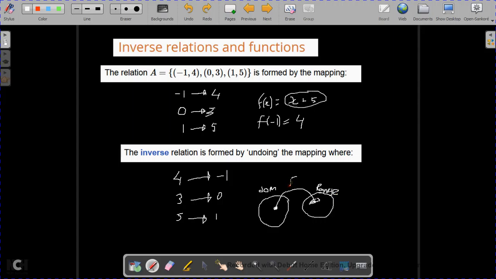That's what we do when we put in f of x or p of x or whatever it is. Now the inverse is by undoing that. We start here and go backwards to that same point. We call that f to the power of -1 of x. It's kind of like the inverse of sine, cos and tan, where we have that negative 1 up there. So we start with this point and we get the original point that we started with.